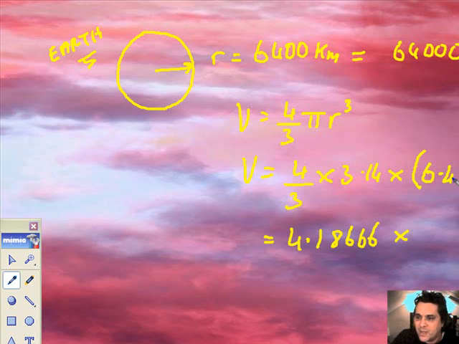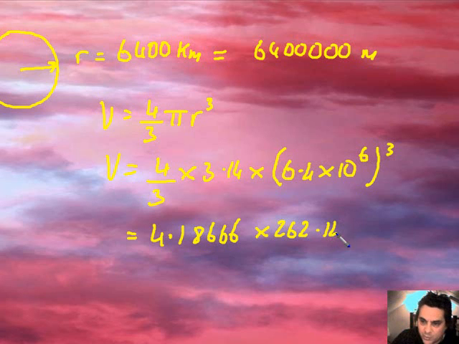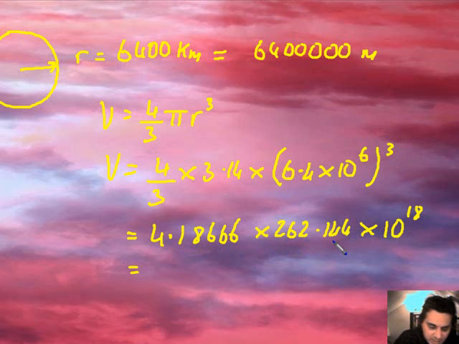Multiplied by, now look, I've got to cube the 6.4, so 6.4 cubed, got a cube button here, and that comes to 262.144, multiplied by 10 to the power of 6 raised to the power of 3. Remember, we multiply the 6 and the 3, that's times 10 to the power of 18.